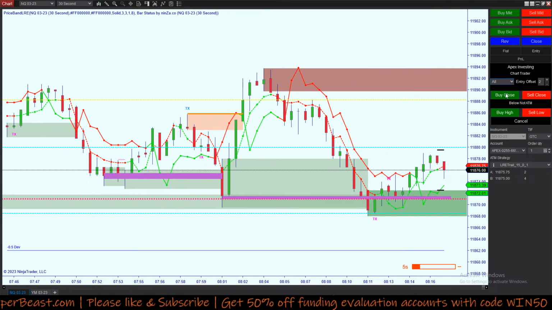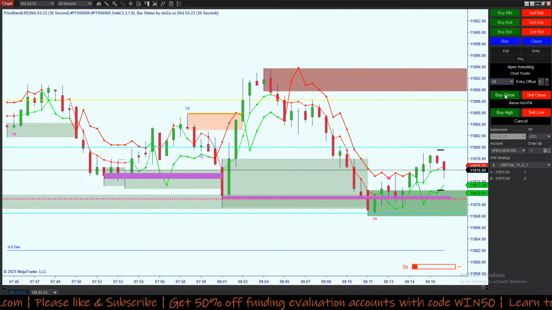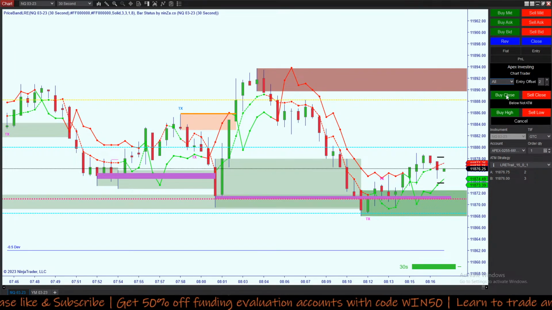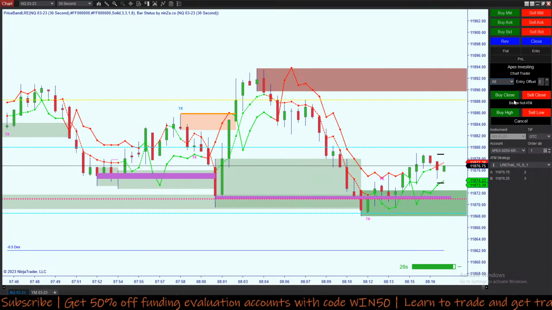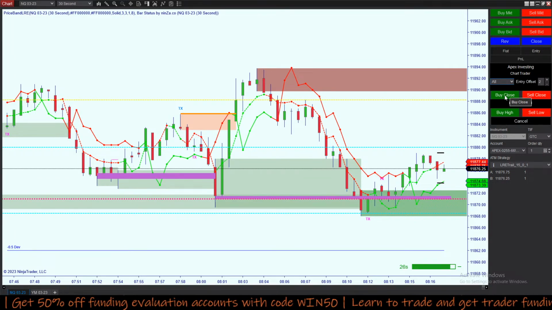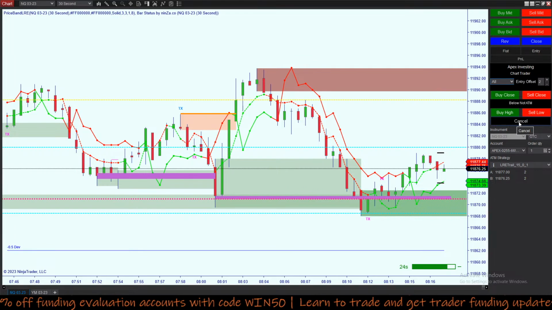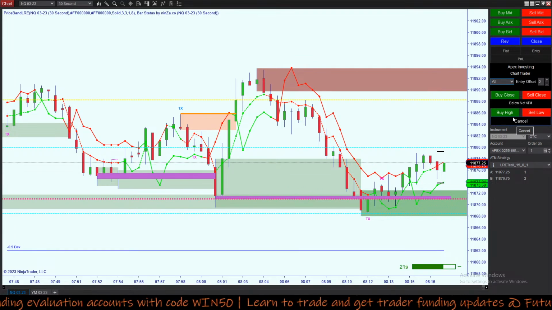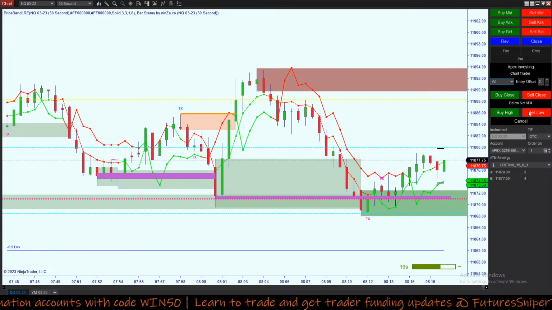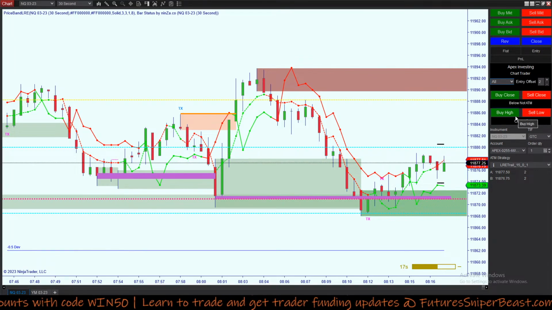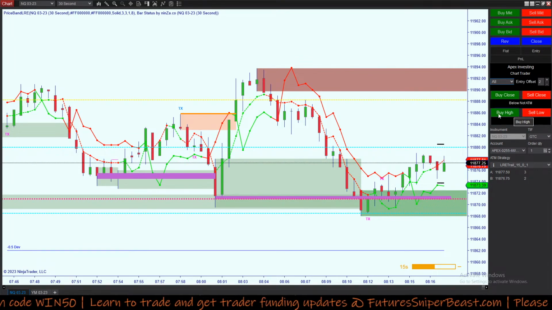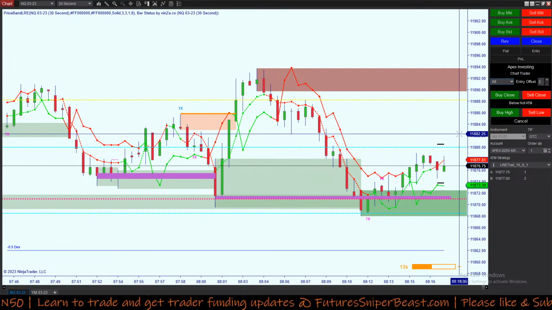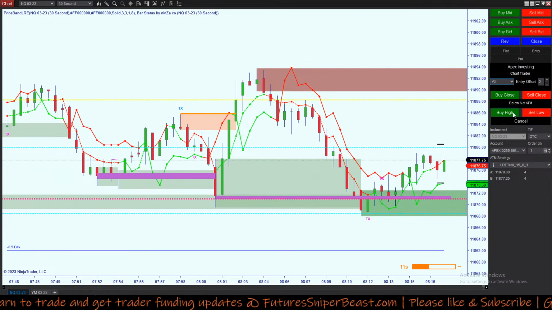If you're looking for a long, if that bar closes up and you have this buy close selected, then it'll just get you in. But you got to be careful, because if you have a buy close and your setup fails, you got to be ready to hit cancel pretty quick. And then buy high, sell low is for simplicity. That one will only trigger if the next bar breaks the high of the previous bar, or vice versa.